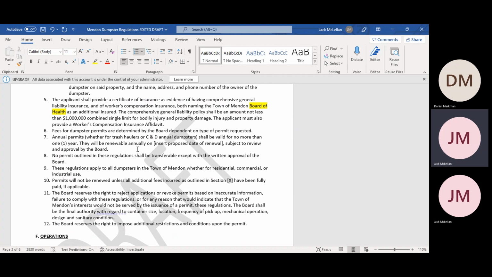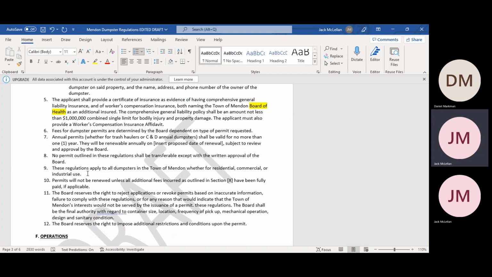Because if we start charging fees to everybody that already has a dumpster in town, we could... Well, I think there's already been a distinction made amongst categories of temporary, two different types, C and D and then other, or non-C and D. C and D has been brought up as a separate category of temporary dumpster, right? So I think that's how I'm taking that.